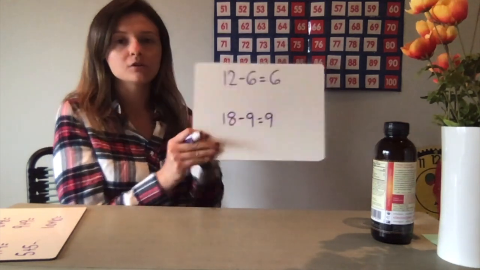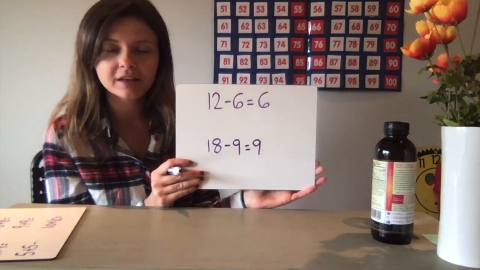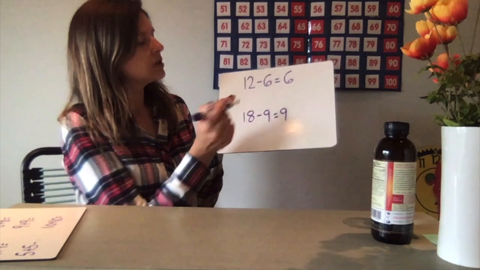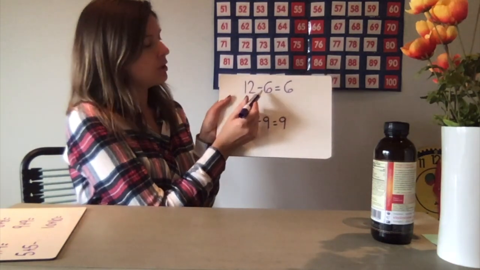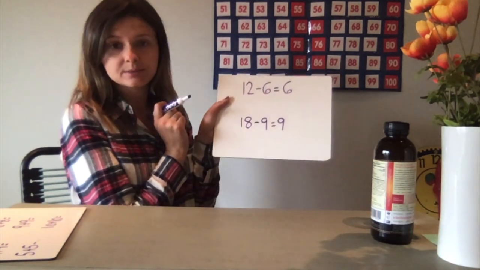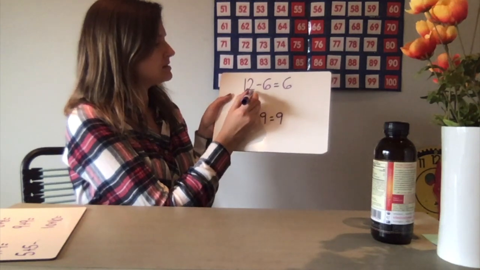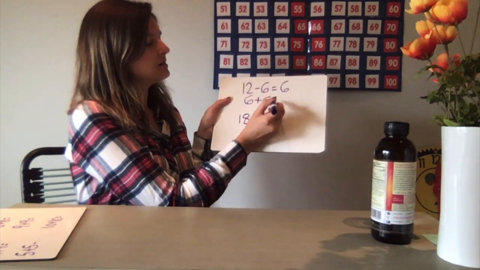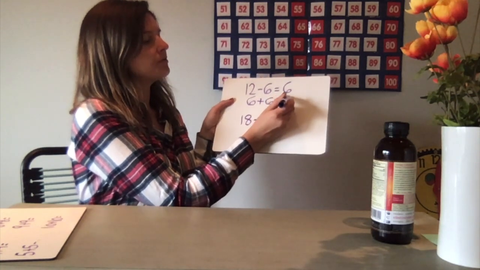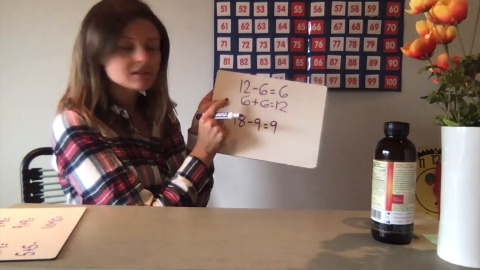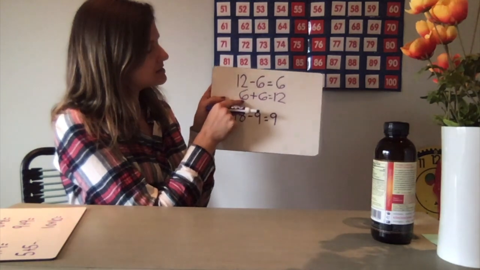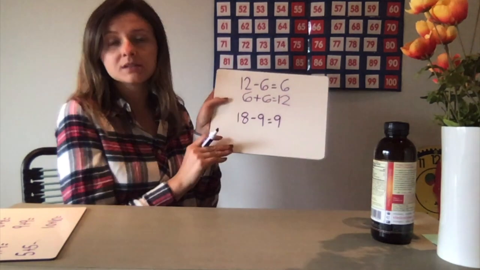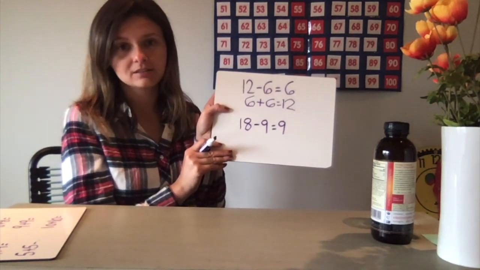You might have your own strategy for how you solved this, but I want to tell you how I kind of think about it. So if 12 take away 6 equals 6, then that means that 6 plus 6 equals 12, because the 6 broken eggs plus the 6 eggs that didn't break altogether was 12 eggs.